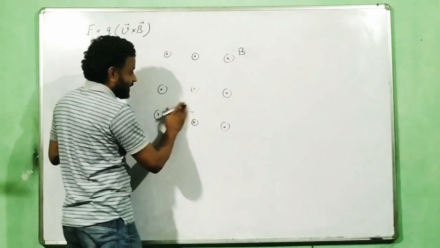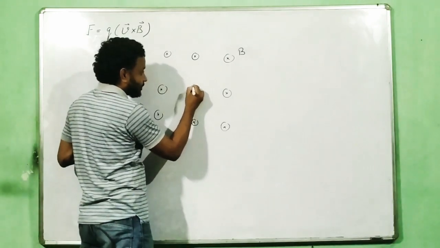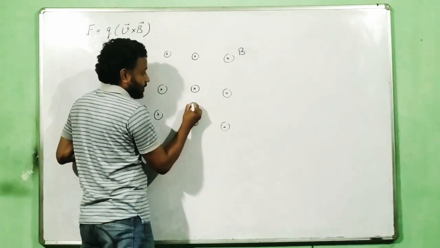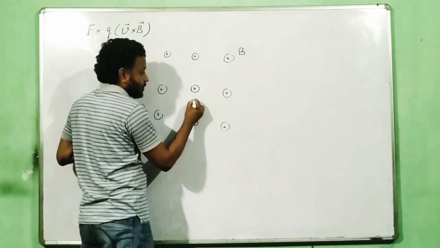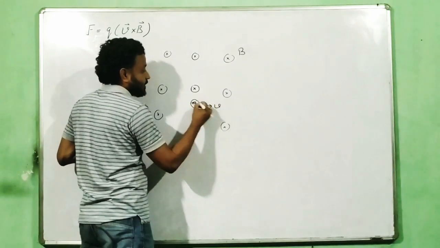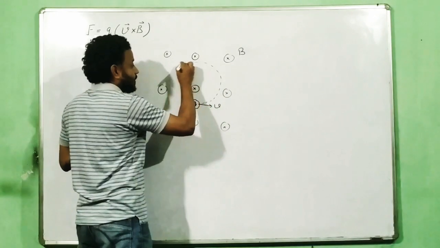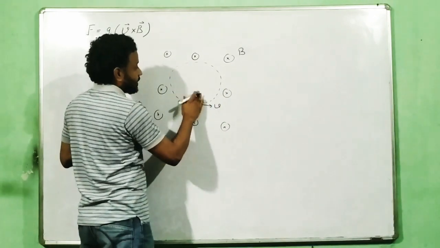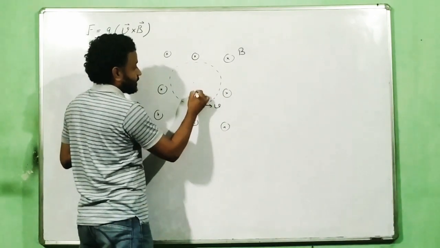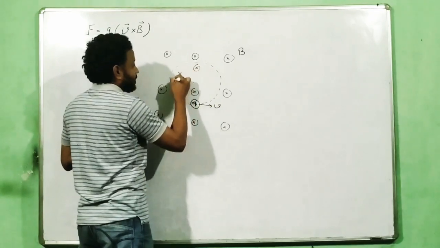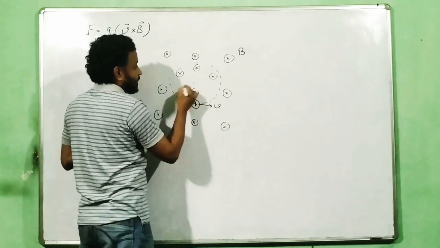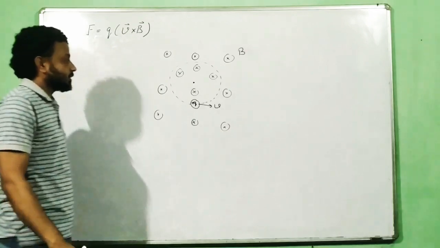So I have to draw a neat circular motion. This is my plus Q, this is my velocity V. This is the circular path. Say that this is the center, and these are all magnetic field region, and this is the center of the circle.